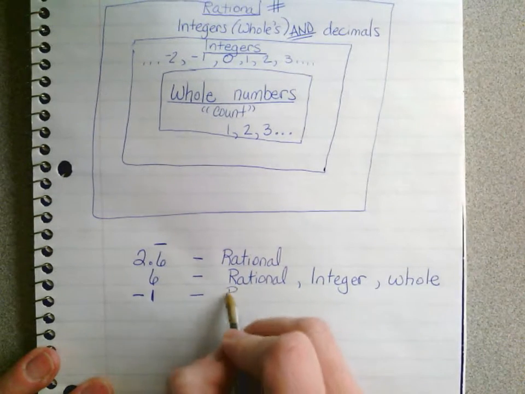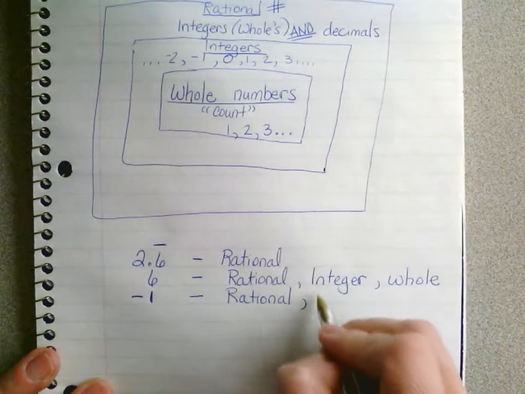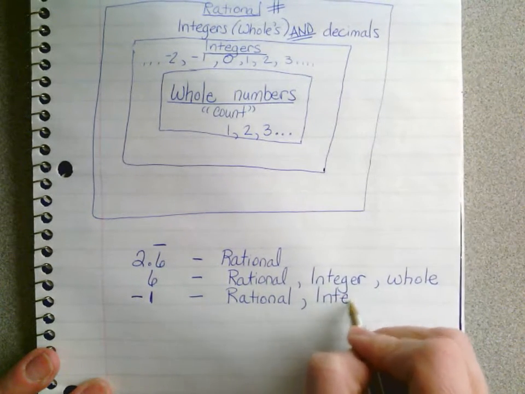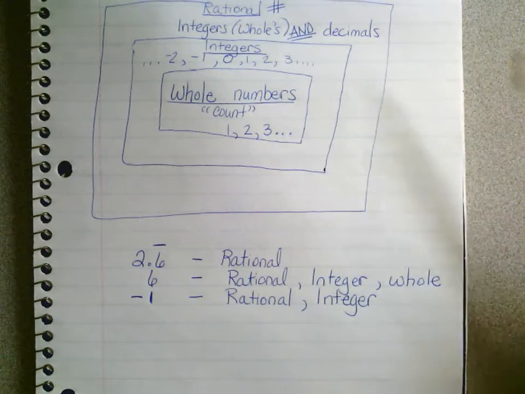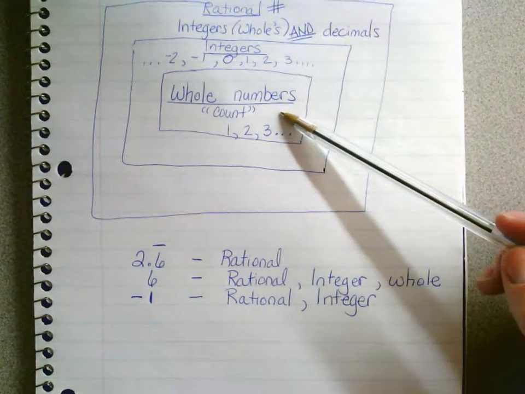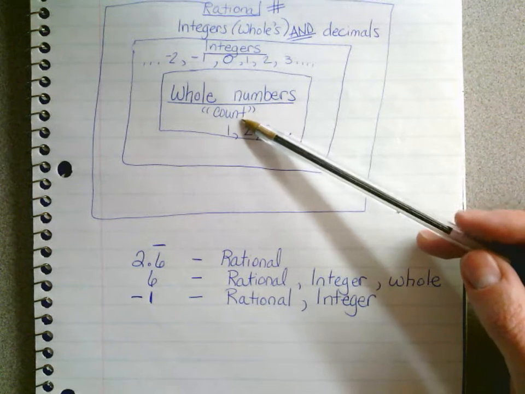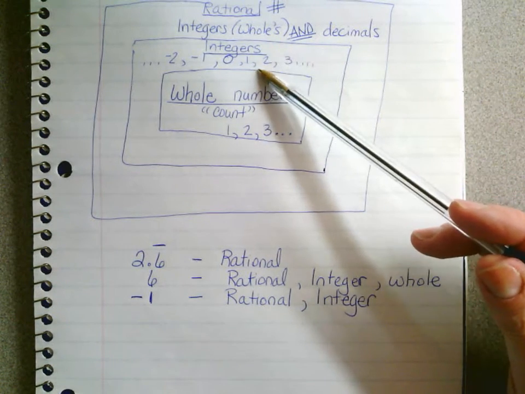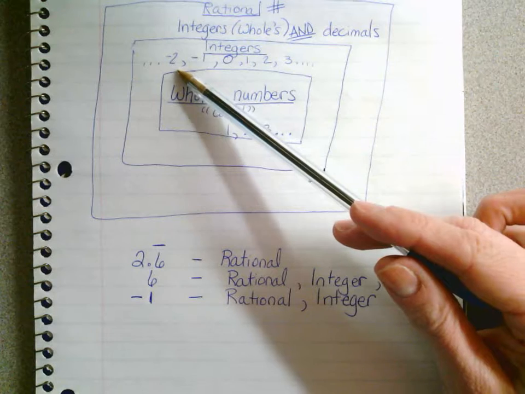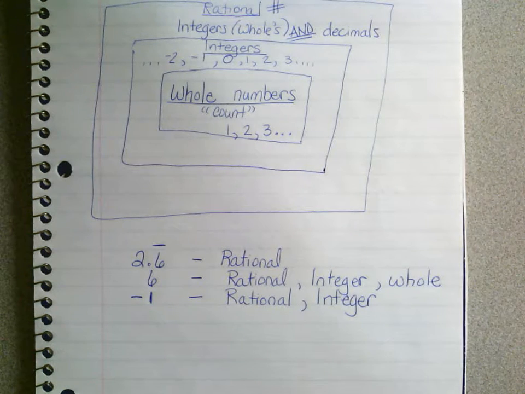It is a rational integer, but it is not whole because it's a negative. So the further in you get, the more specific you get. Whole numbers are numbers you can count and see. Integers include whole numbers, 0, and all the negatives. Rational numbers include everything that you're used to dealing with.